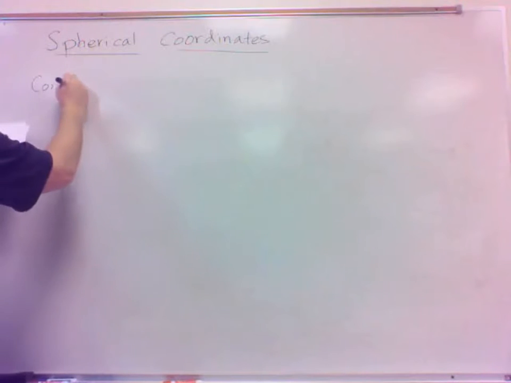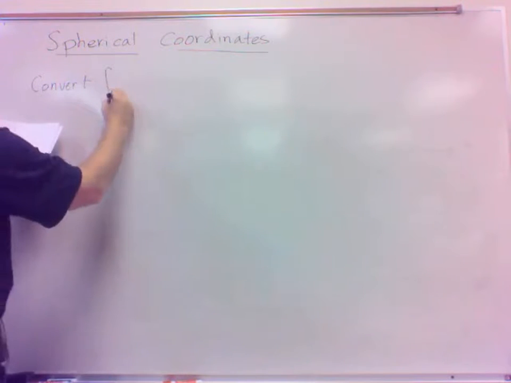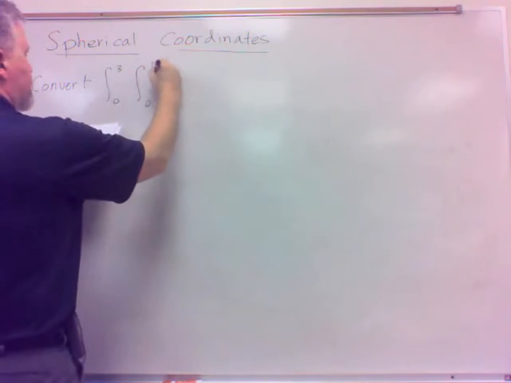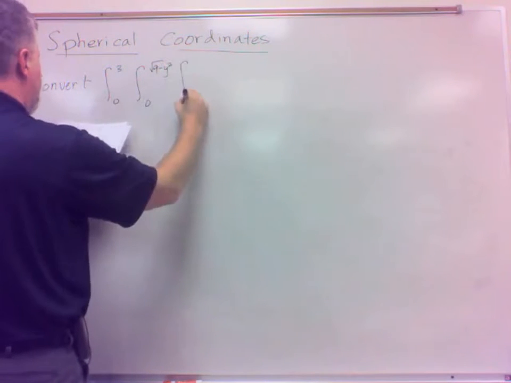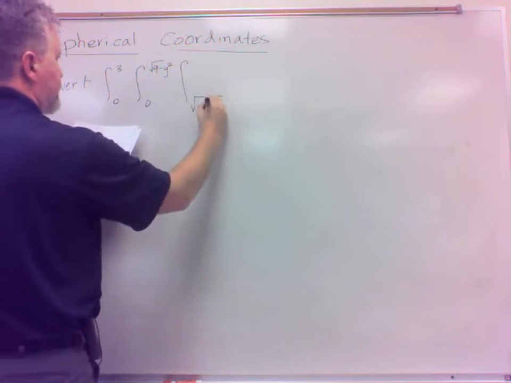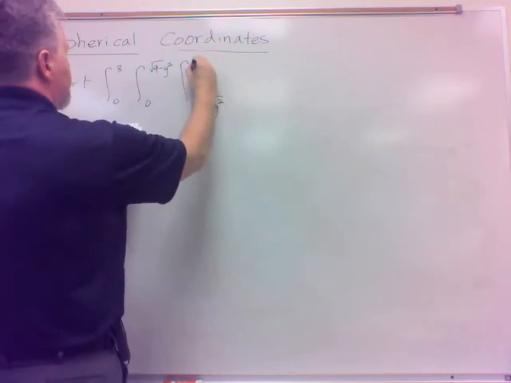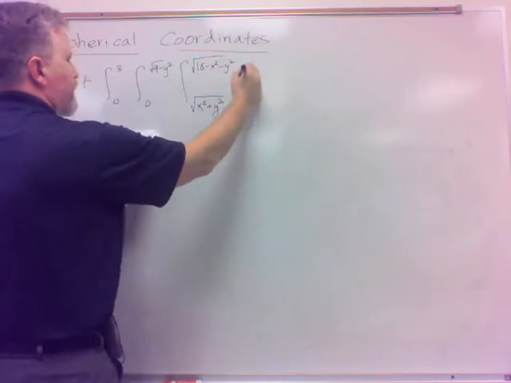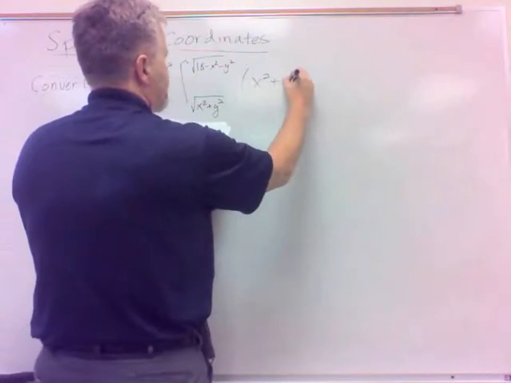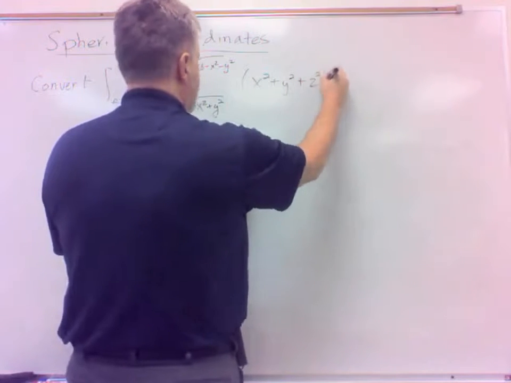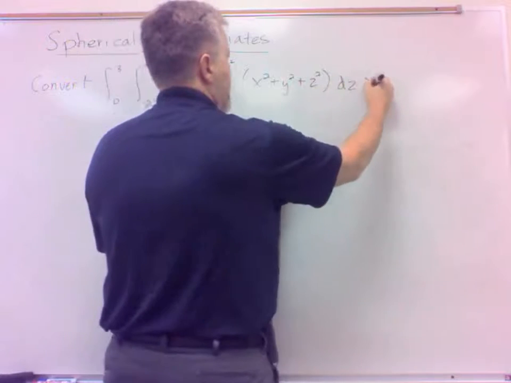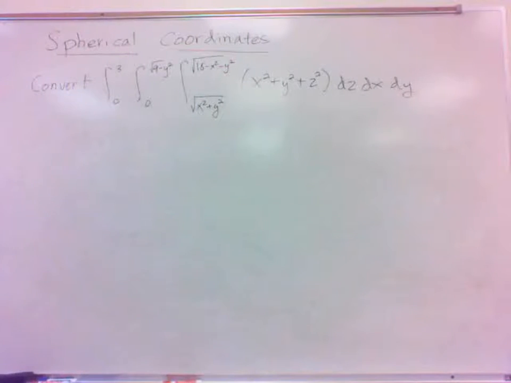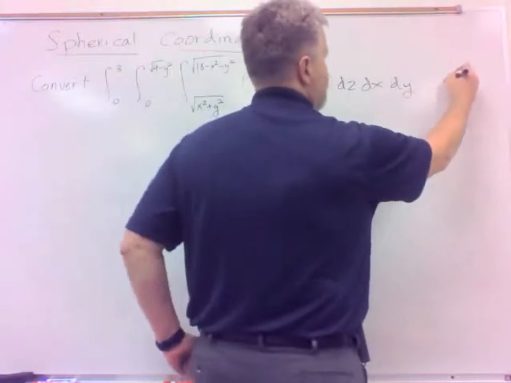Let's convert the integral 0 to 3, 0 to the square root of 9 minus y squared, square root of x squared plus y squared, to the square root of 18 minus x squared minus y squared, x squared plus y squared plus z squared, dz, dx, dy. Convert that into spherical coordinates.